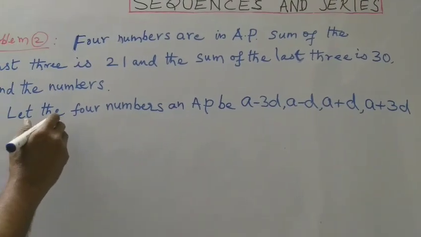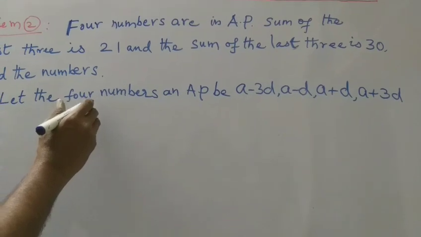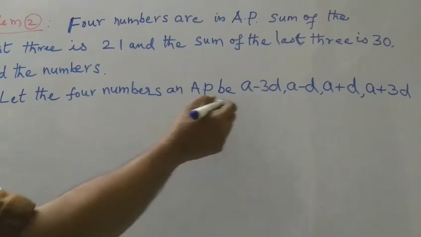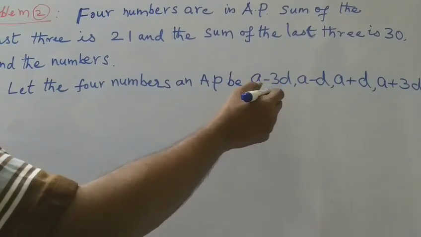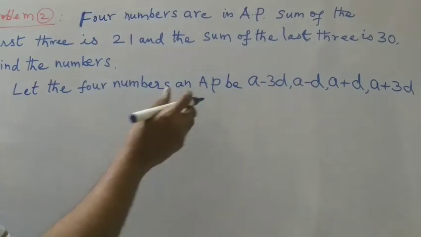These are the four numbers of an arithmetic progression. They are a minus 3d, a minus d, a plus d, a plus 3d.